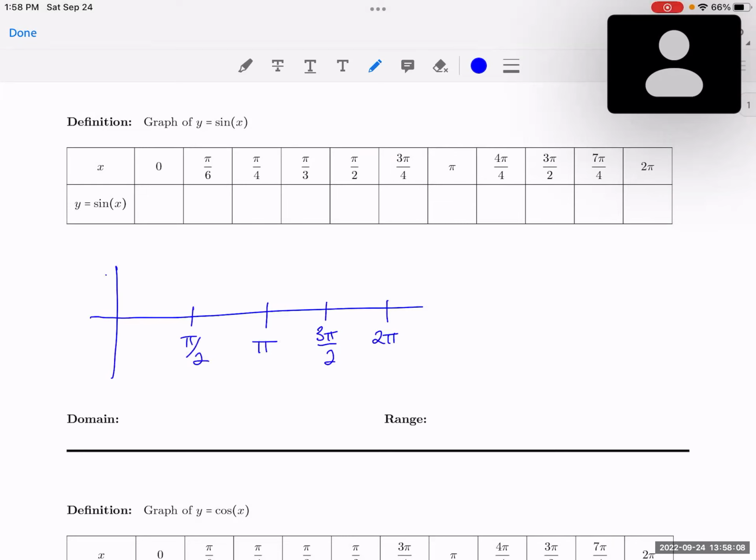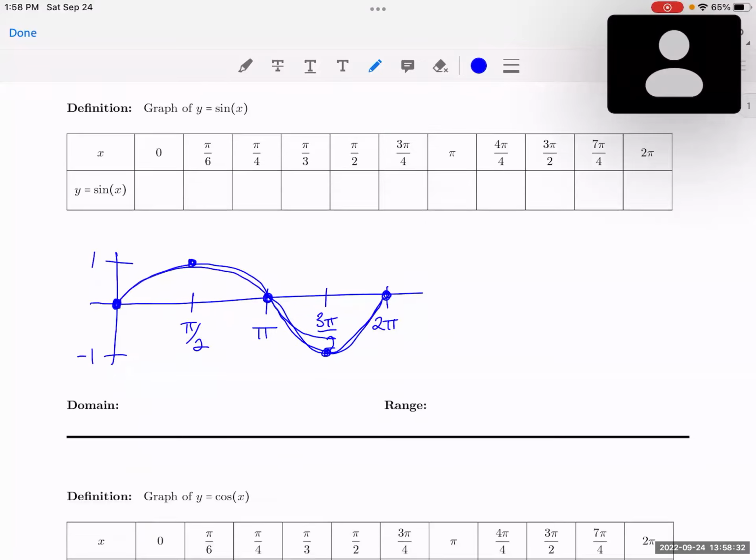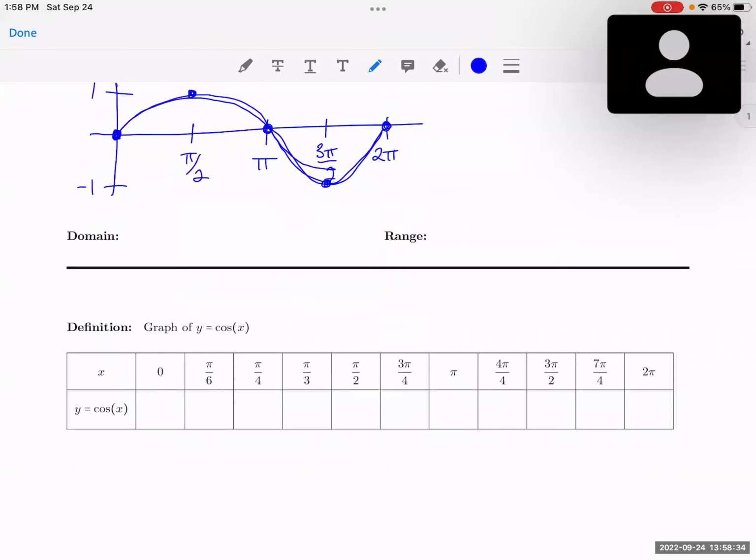And the sine of x has an amplitude of 1, so we're going to go up 1 and down 1 from our baseline. Sine starts at the origin, bounces up to the top, back to baseline, down to the bottom, and back to baseline. Here's our basic sine graph. Sorry that's so rough, but that's the basic shape.